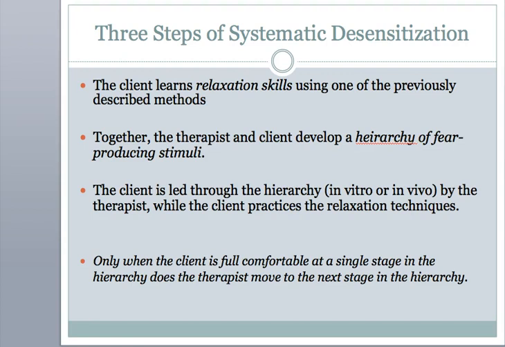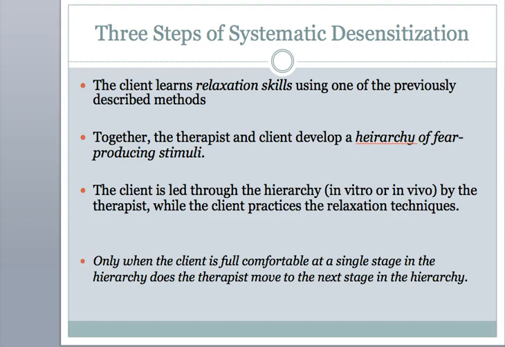The therapist then ranks all of those fears according to their hierarchy. This way we have a list of the least provoking situations to the most provoking situations. So the least provoking situations might be something like seeing a dog on television or seeing a dog in a magazine. Maybe a little bit higher, seeing pictures of dogs that belong to people I know, or someone visiting who has their dog in the car.